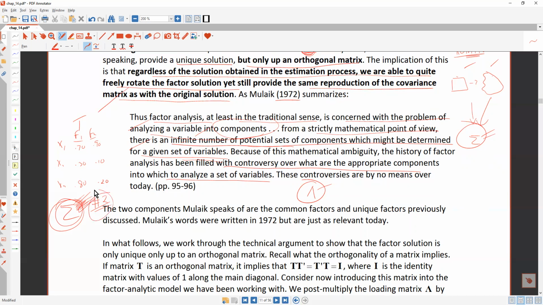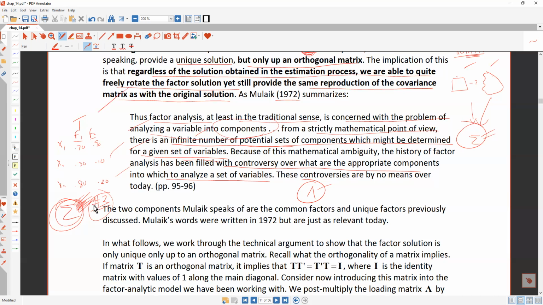Now problem number 2. If I rotate this solution and the loadings change, which is the correct solution? Is it the original solution? Is it the rotated solution? Is it the rotated solution by using a different method of rotation? Is it the rotated solution using yet another different method of rotation?